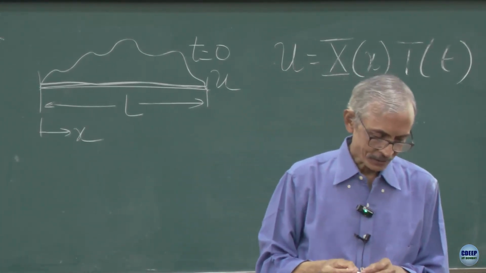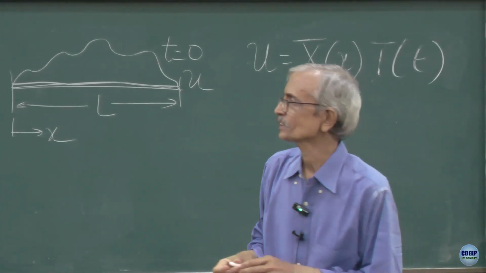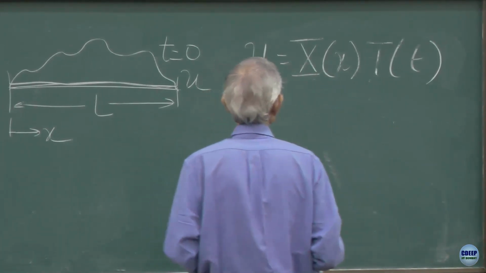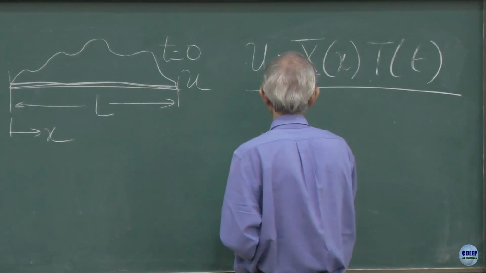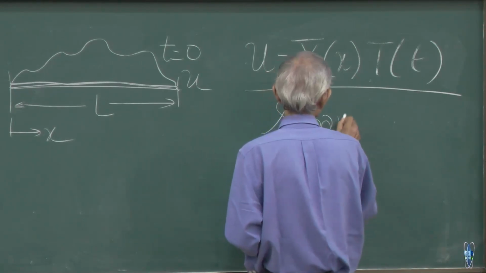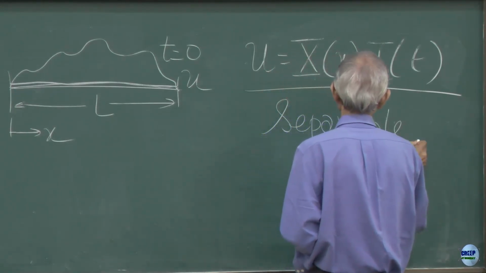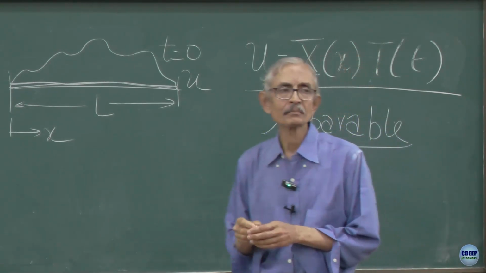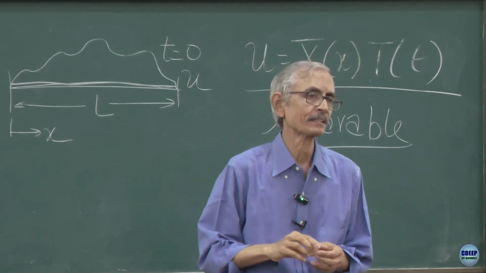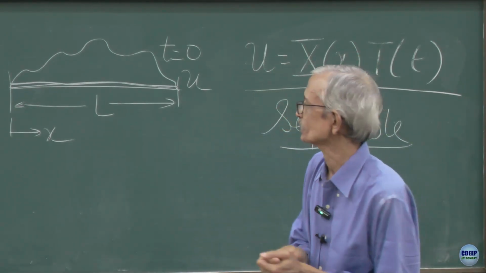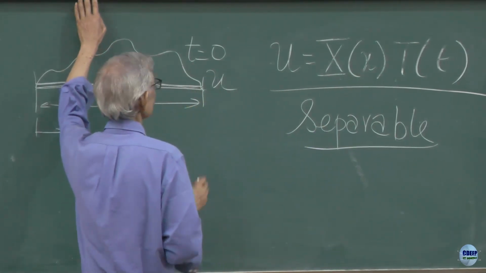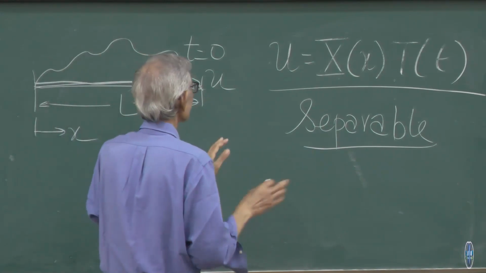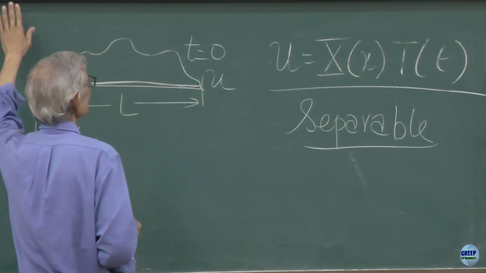So I have got a variation in space, a variation in time, and these two variations are separable. So I can separate the influence of time and the influence of space in this particular equation here. Does not happen in all, but in this particular case, it is likely to happen. That's why we are even looking at it.